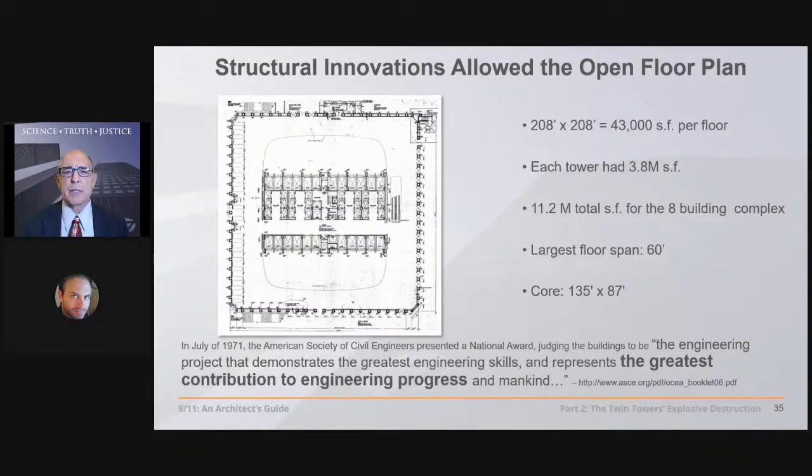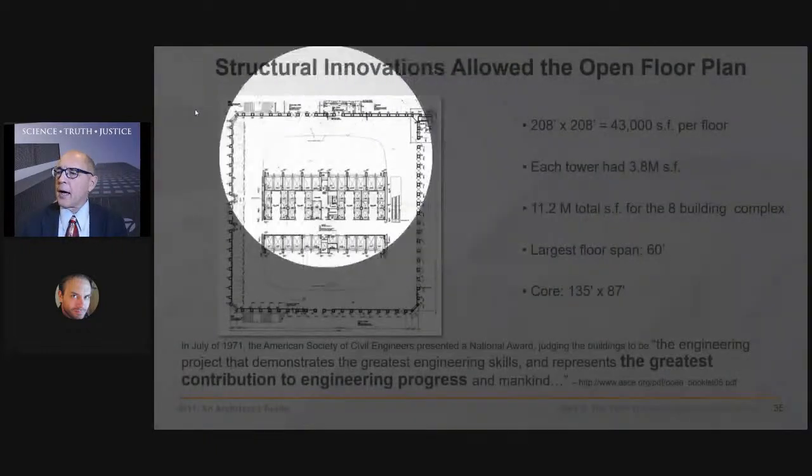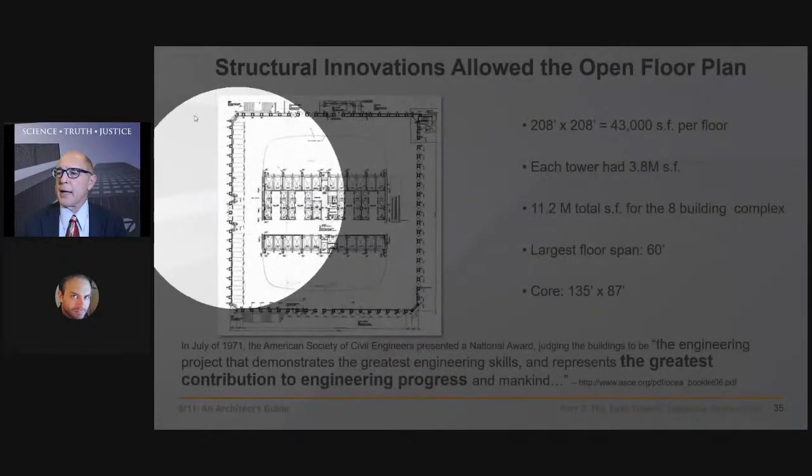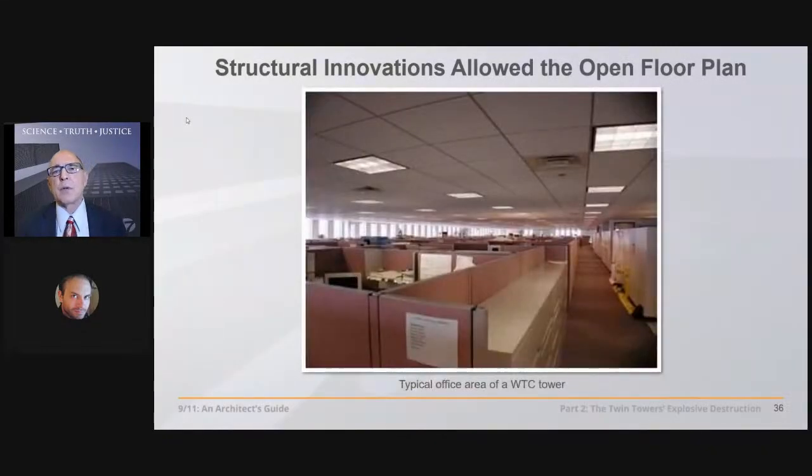A huge, huge building with 60 feet of open office space on the tops and bottoms of this image, and 35 feet on the left and right, which is also an innovation created by this exoskeleton structure, because you don't have all those columns around which the tenants and the architects had to design their spaces. It's an open office planning.